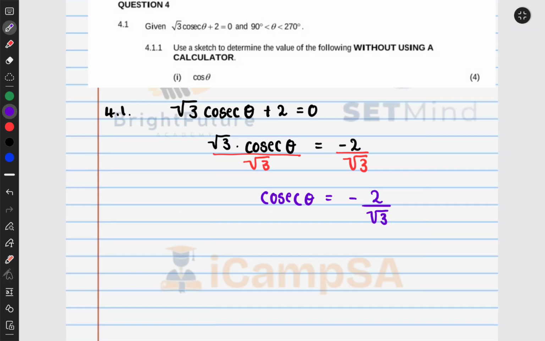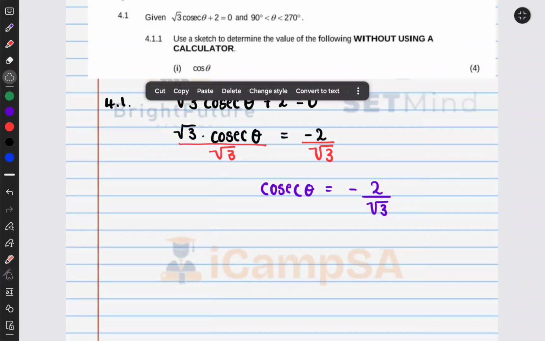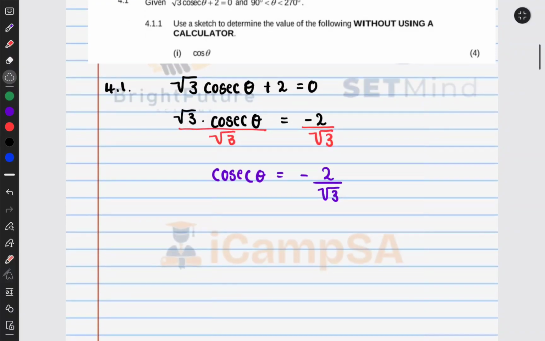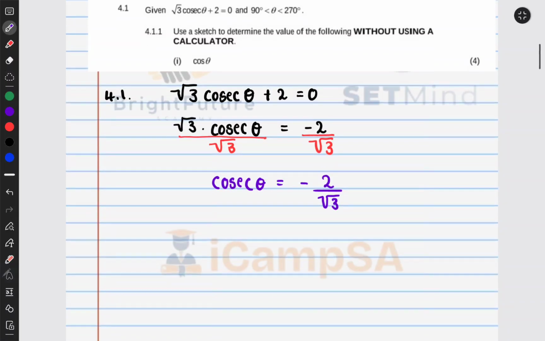But we can't work with cosec theta as it is. So what we have to do is change it, because we know that cosec theta is the reciprocal of sine theta. So cosec theta is the same as 1 over sine theta, which is equal to negative 2 over root 3.